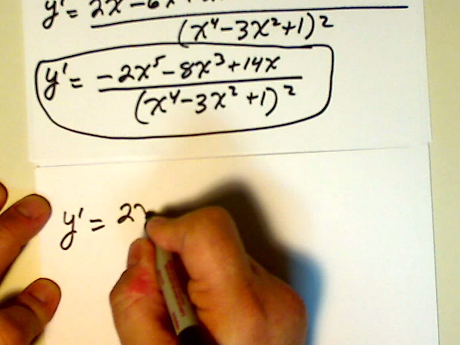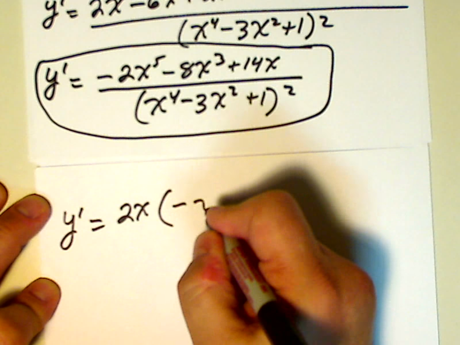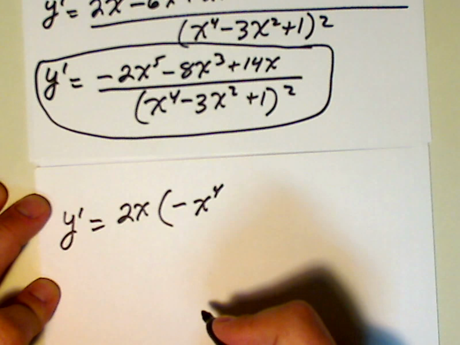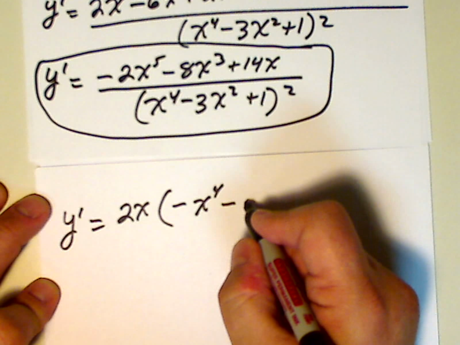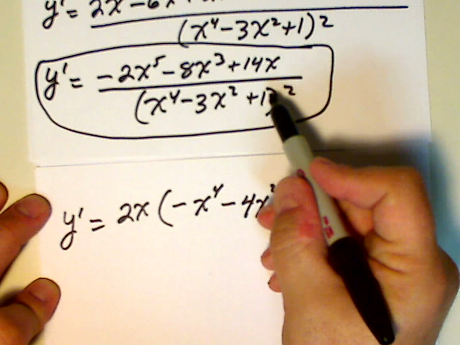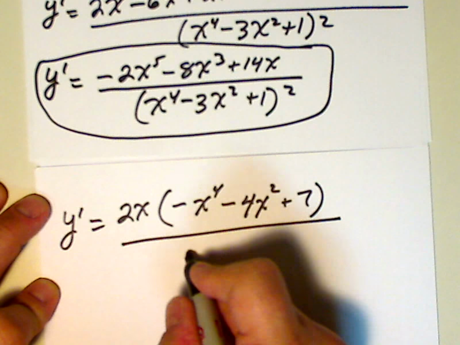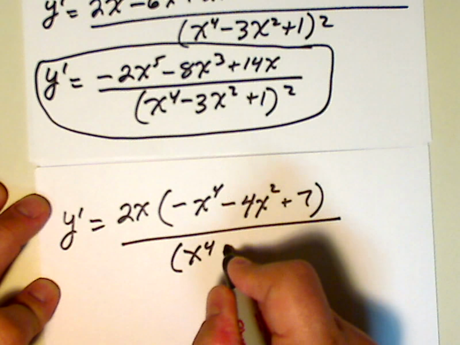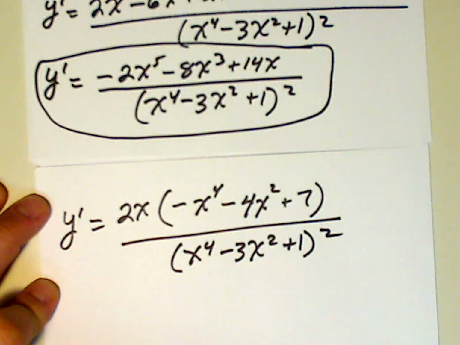So let's do that. 2x times, well, negative x to the fourth minus 4x squared plus 7, divided by x to the fourth minus 3x squared plus 1 squared.